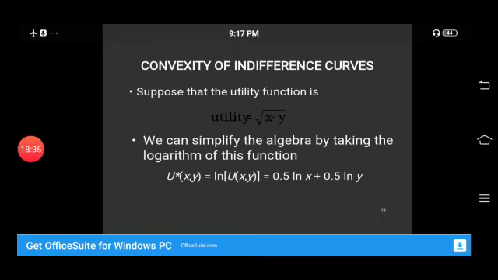Suppose that the utility function is u equals the square root of xy. So we can simply do the algebra by taking the log. When we take the log, u of xy is equal to the natural log of u of xy, which is equal to 0.5 natural log of x plus 0.5 natural log of y.